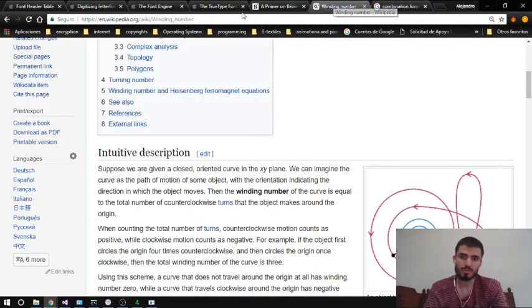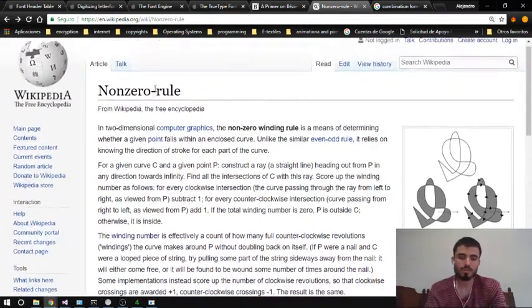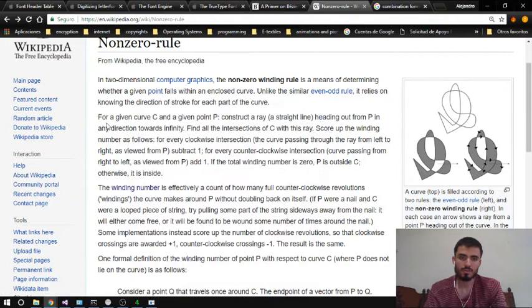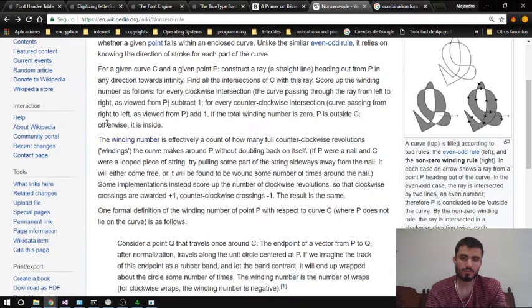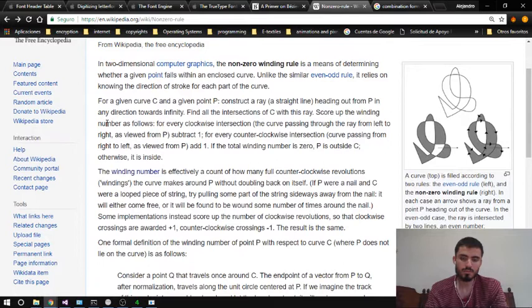So for every clockwise intersection that occurs.